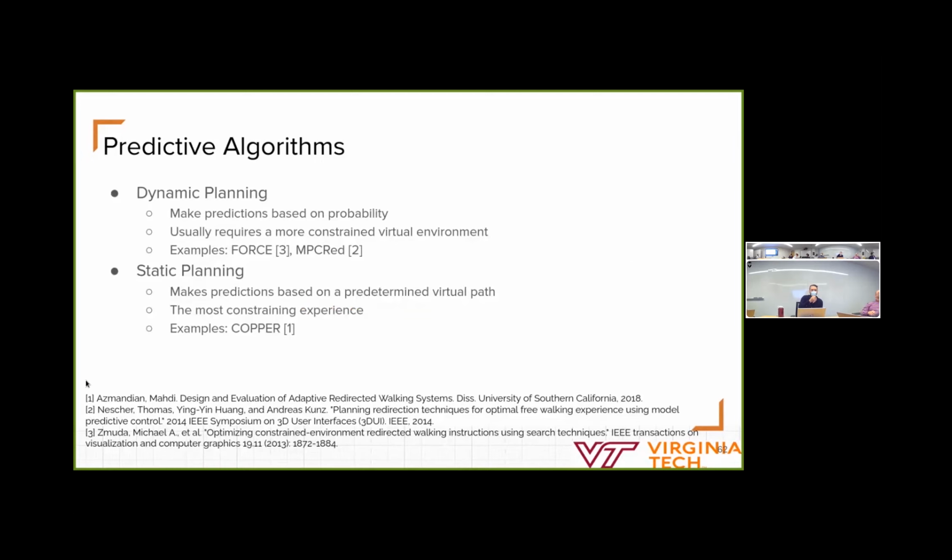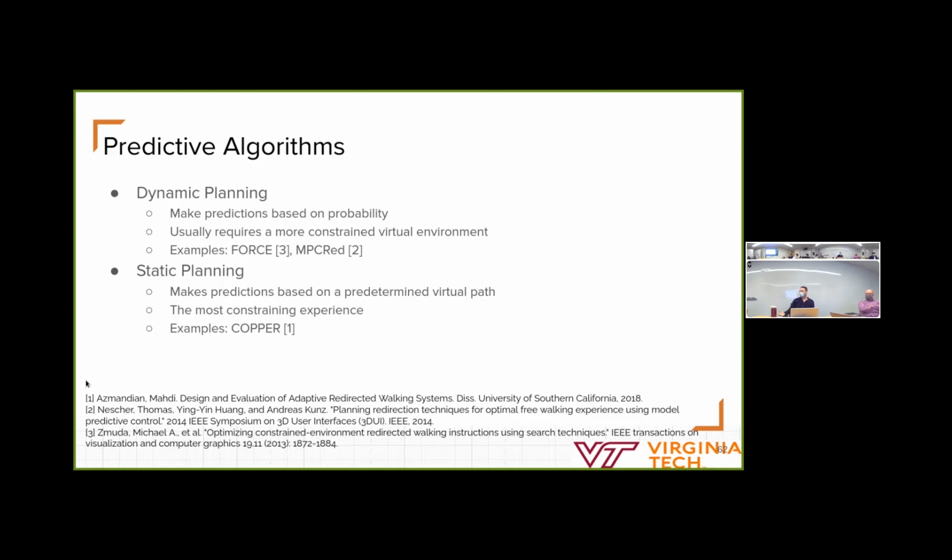Predictive algorithms can be broken into two categories, roughly. Dynamic planning algorithms make predictions based on some probability of the user's current state and the virtual environment. They usually require a more constrained virtual environment. For instance, you could be walking in an office building, in which case the system will know they're probably going to go ahead, backwards, or into that room.